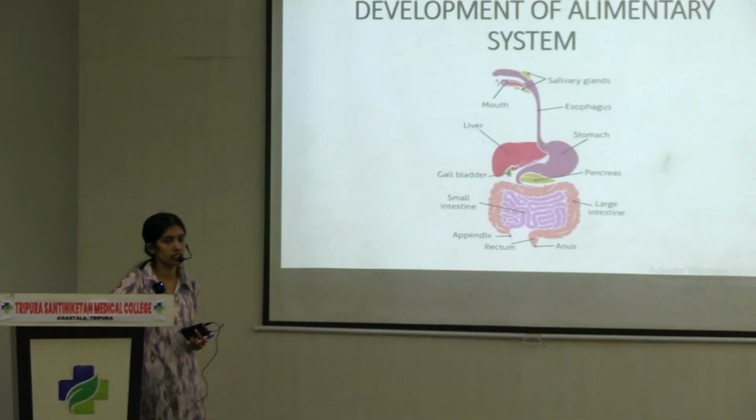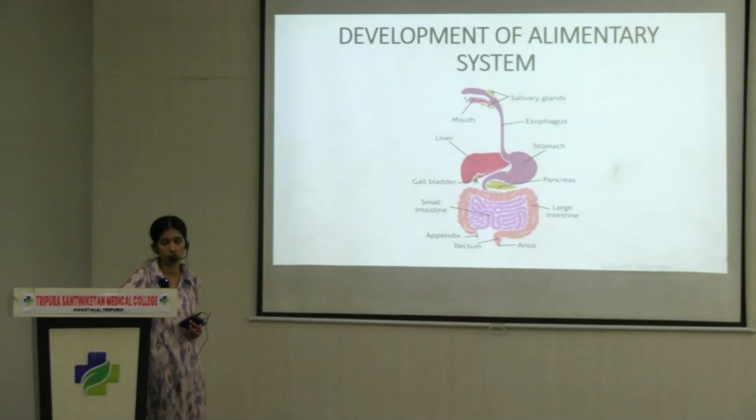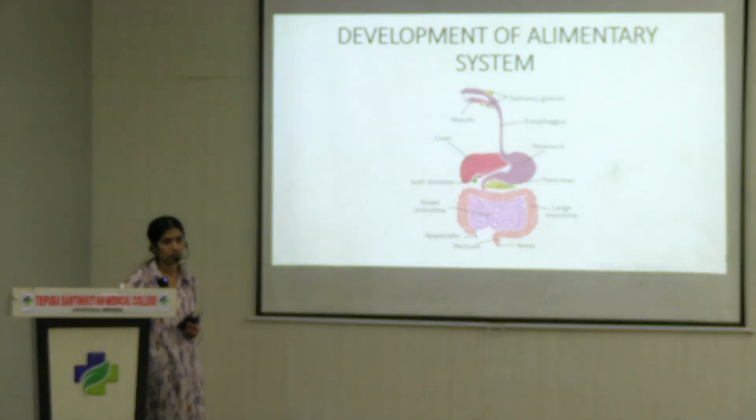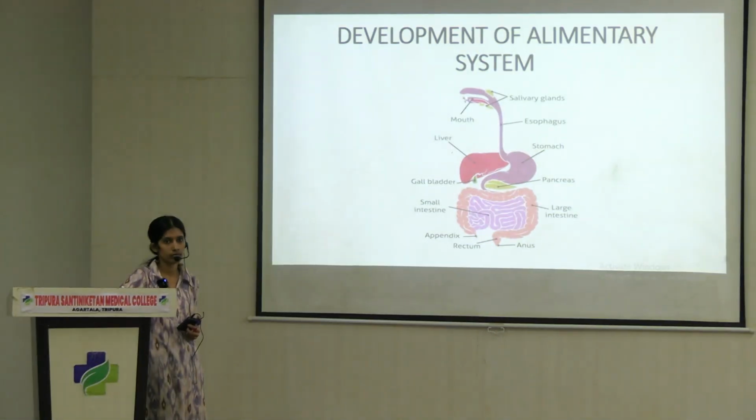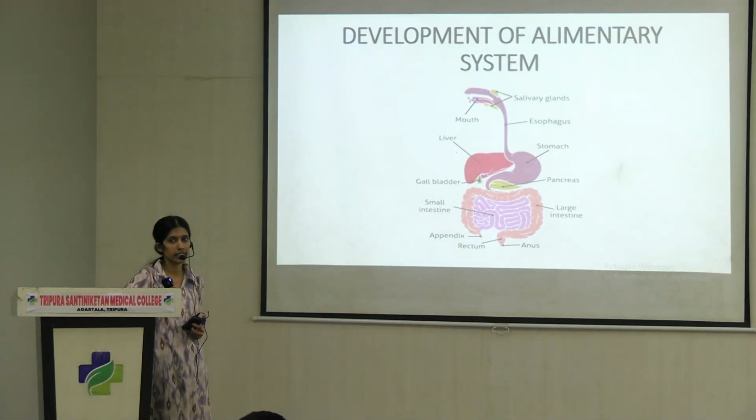What are the different structures we can see from the foregut? Mainly we can see the development of esophagus, stomach and a small part of duodenum.